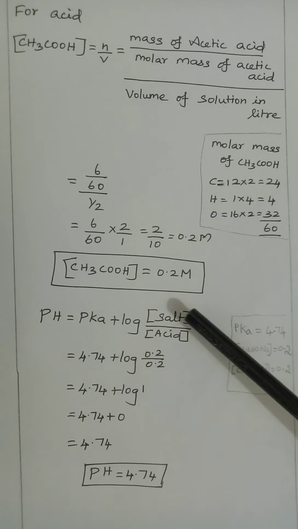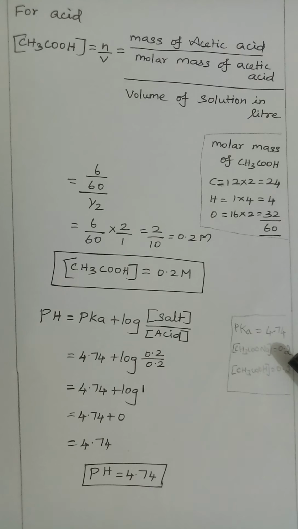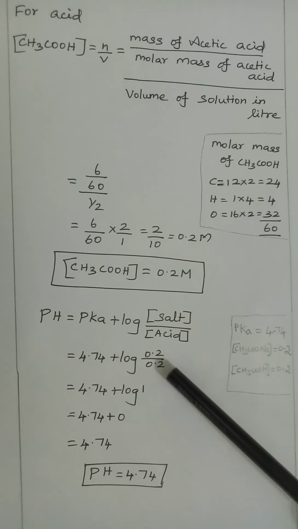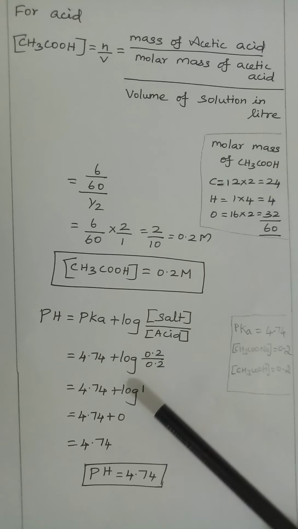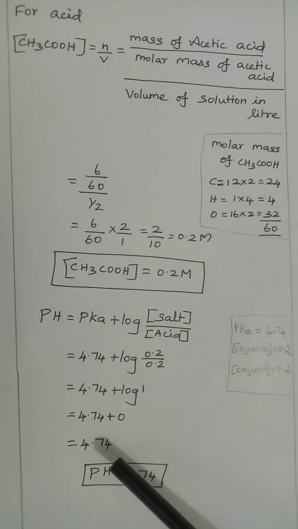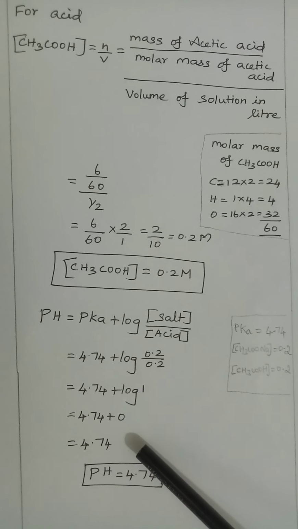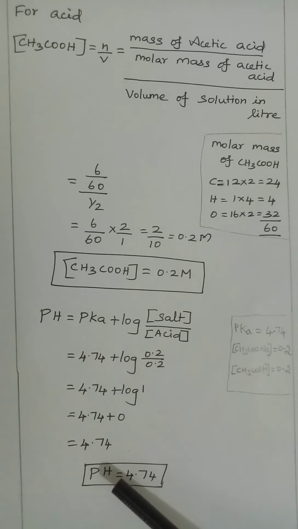The concentration of salt, sodium acetate, is 0.2, and the concentration of acid, acetic acid, is 0.2. 0.2 cancels, it is 1. Log 1 value is 0. The remaining is 4.74. So the pH value is equal to 4.74.